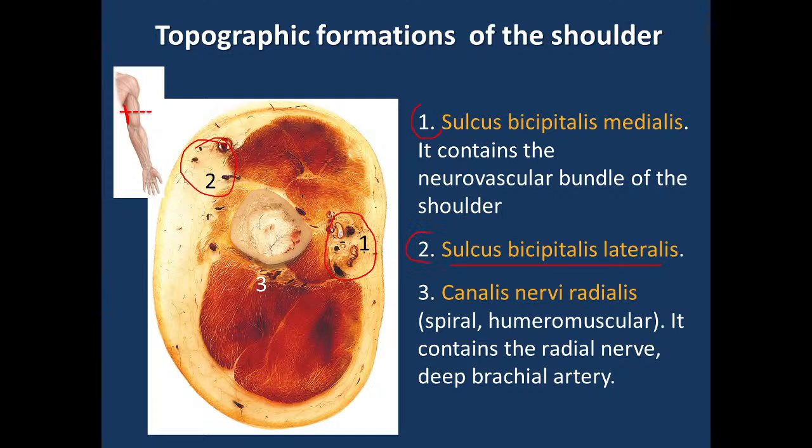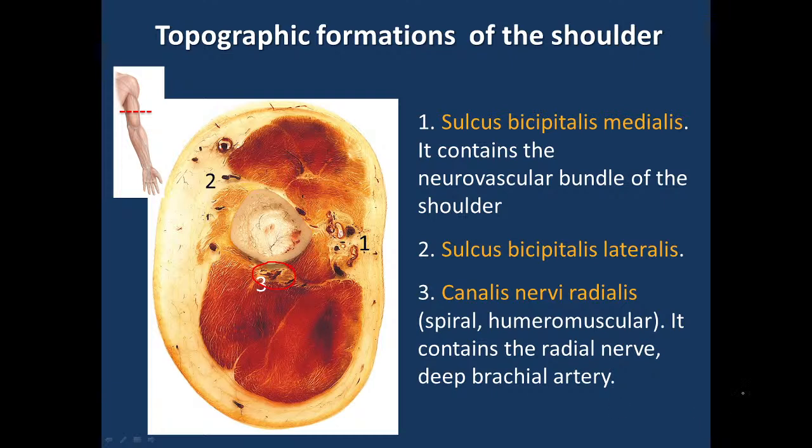This is the smaller formation located laterally here, and in comparison with the medial sulcus, where a lot of vessels, nerves, arteries and veins are located, the lateral bicipital sulcus contains only one vein. We call it the cephalic vein.